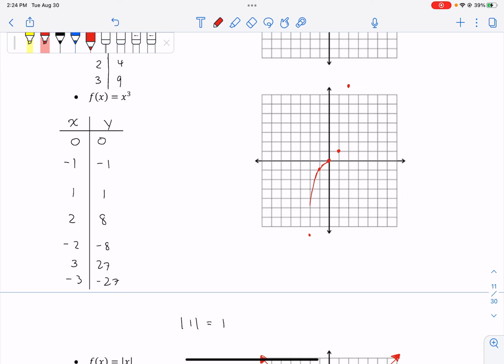Okay. Oops. Let me just fix this point here. There. Okay, something like that.